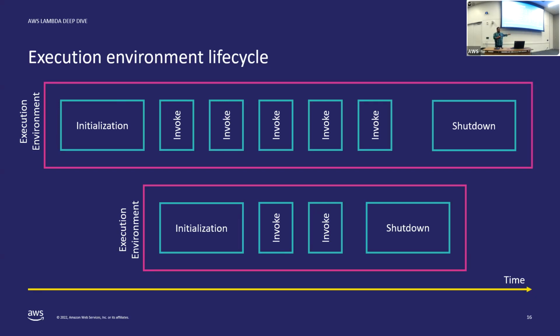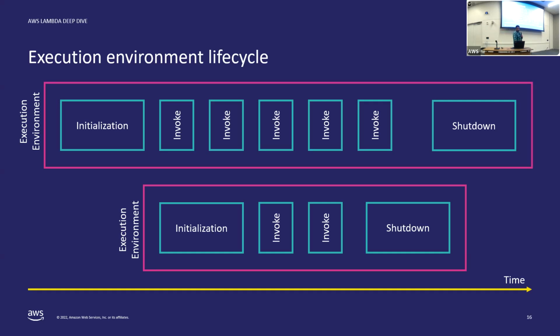Let's say the yellow line at the bottom is the time, that's the x-axis. Let's say a request came in, the first one. It's an API call that came from API Gateway, and the Lambda service went to the front end, and now a worker environment is up and running. So we have an execution environment.